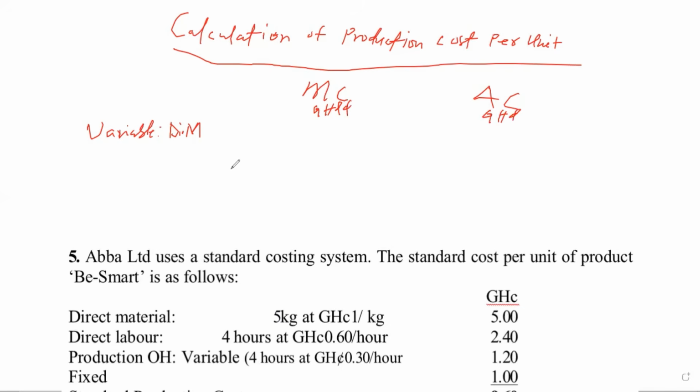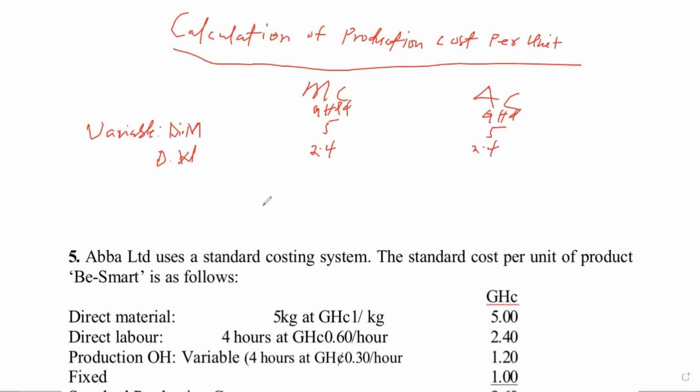So we have our direct material, which is what? 5. Under the AC too, it is 5. Then we have our direct wage, which is 2.4. All these figures were given to us in the question, 2.4.